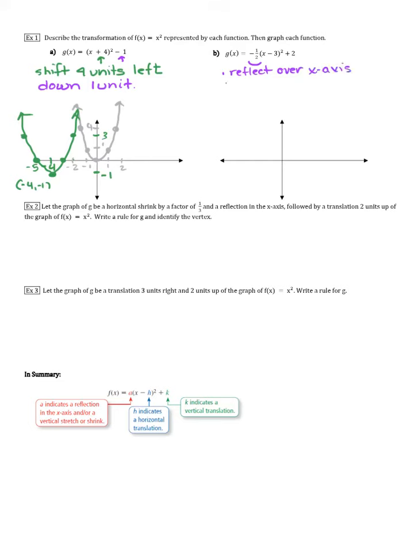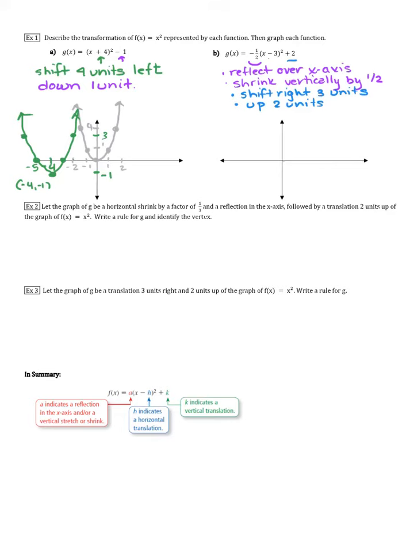And then I'm going to shrink vertically, because it's outside the parentheses, by a factor of 1/2. So that's for any dilation stuff. Now notice inside the parentheses, I'm also going to shift right in the positive direction 3 units because it's inside the parentheses, and I'm going to go up 2 units because that's your vertical.